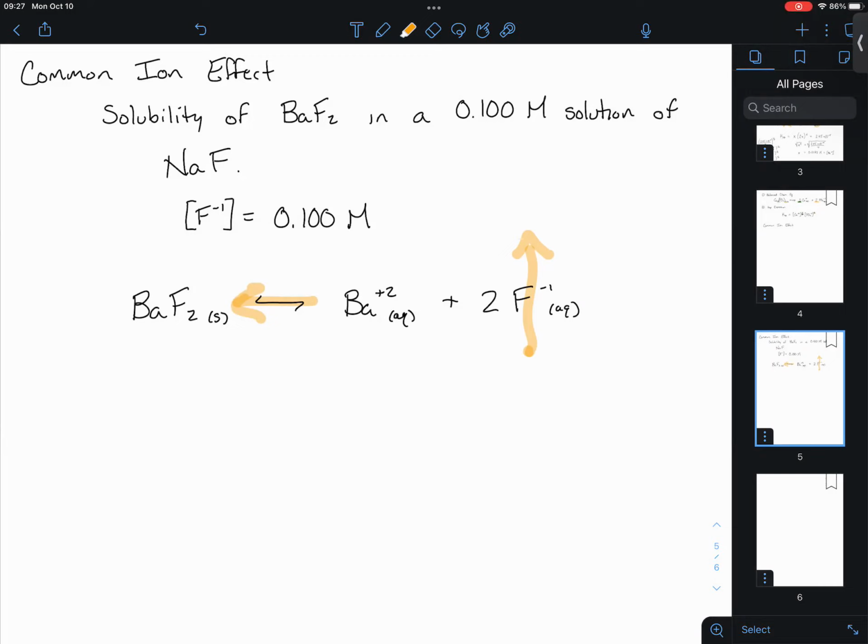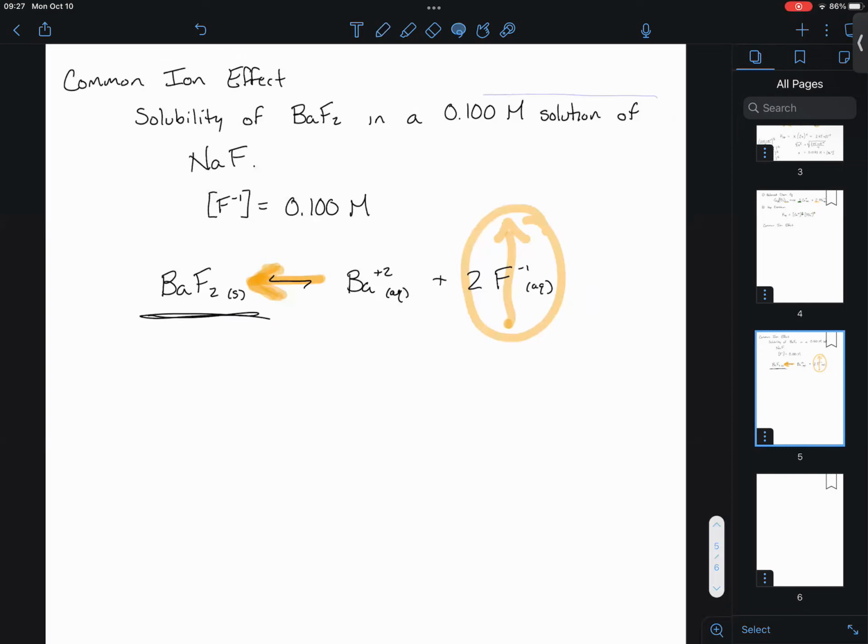So if we already have a solution containing those ions, this is going to be even less soluble than it was without those fluoride ions present. We're going to get even less barium fluoride to dissociate under these conditions.